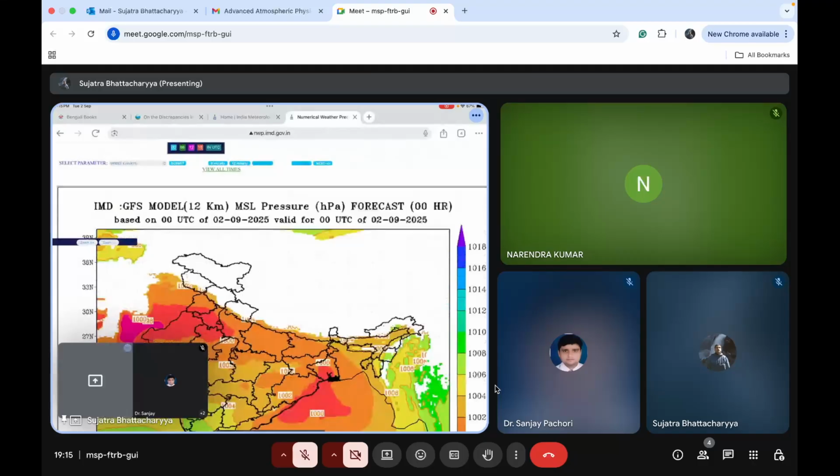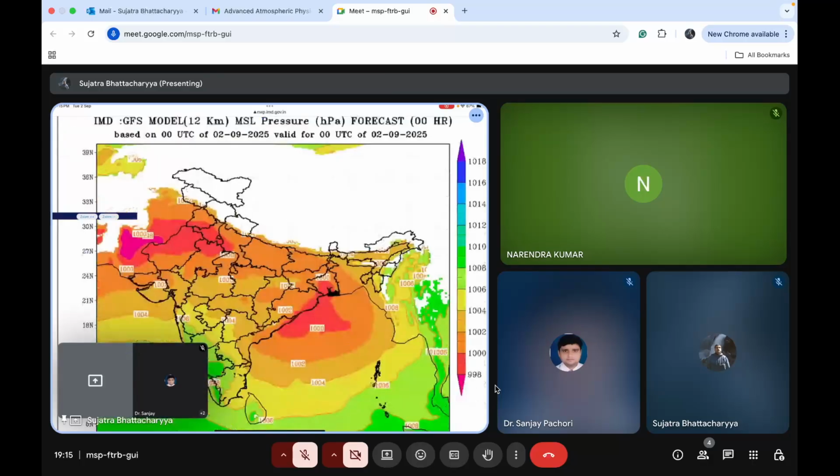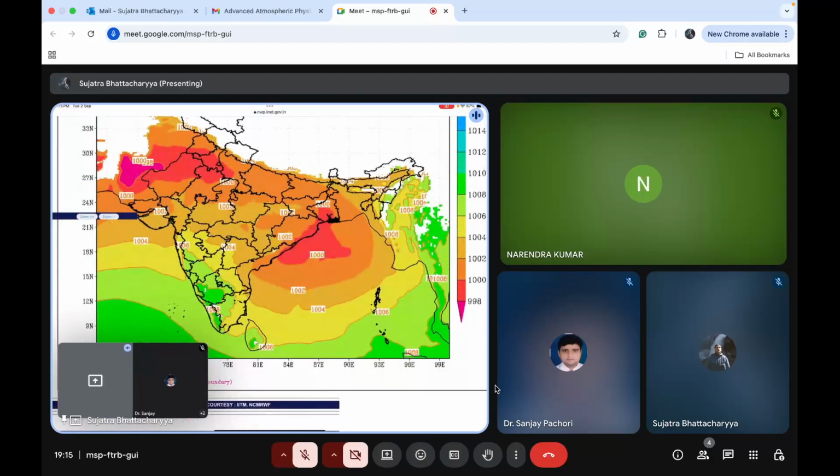This is mean sea level pressure. That means at z is equal to 0. How the pressure changes. See, at z is equal to 0, you can see that there is a gradient in the pressure. See, 1004 here, then 1002, then 1000. You can see that everywhere the values are different.